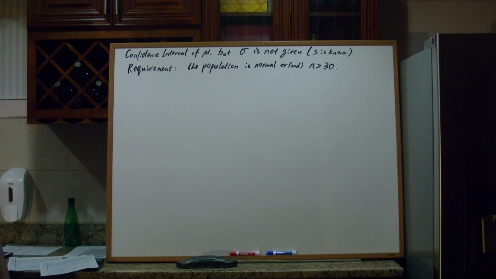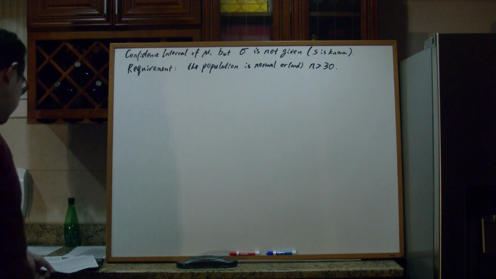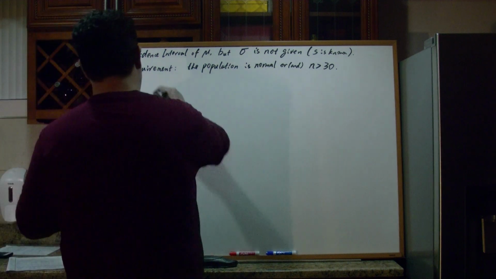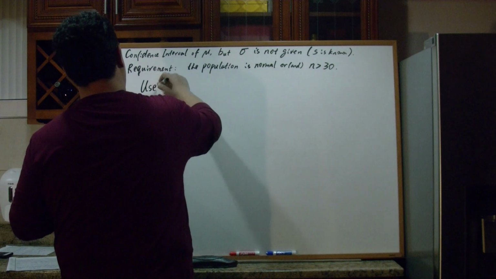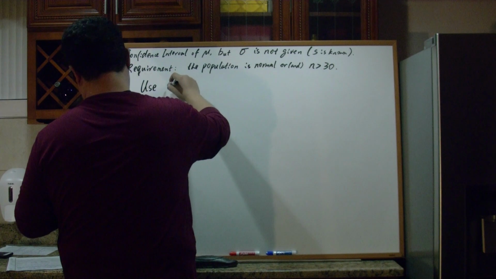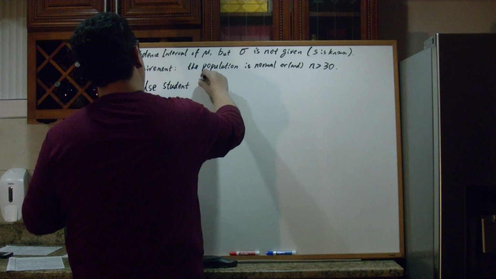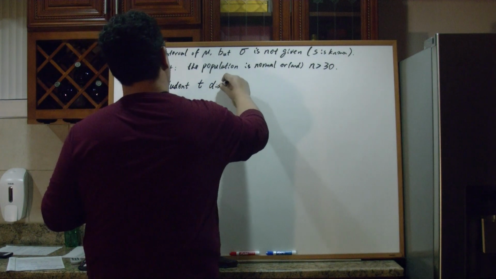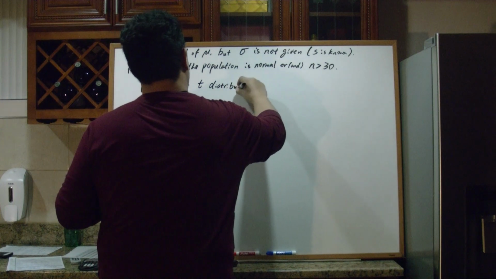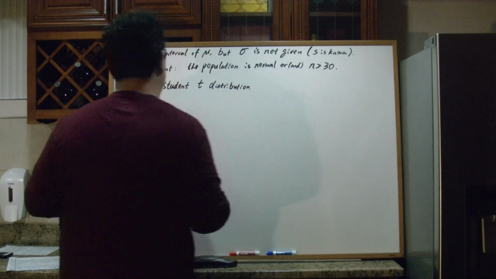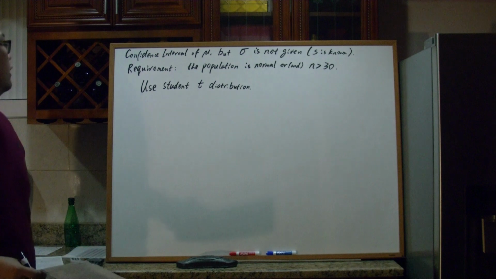The population has to be normal, or the sample is large enough, and of course could be both. Then we can use the student's t-distribution.